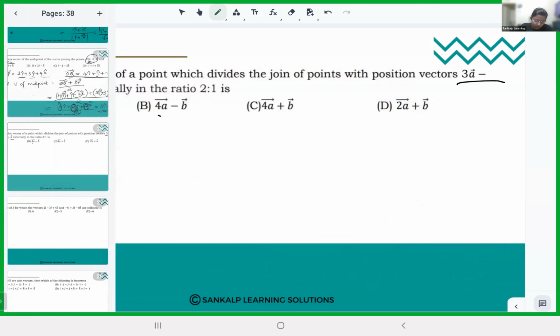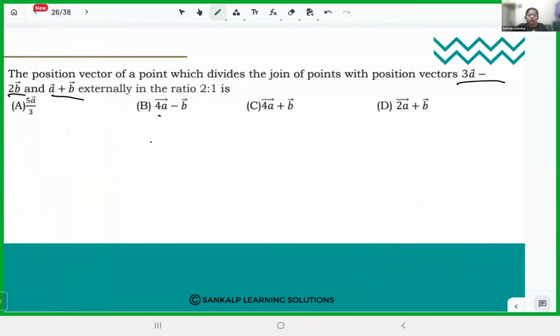Now moving on to our next question. So here also we have to find out the position vector of a point that divides a line, but it is not equally dividing. It is dividing in the ratio 2 is to 1. In the previous question we have seen that that particular point is dividing the line equally. That's why that point became the midpoint, isn't it? Since it is a midpoint, it divides the line equally, isn't it?